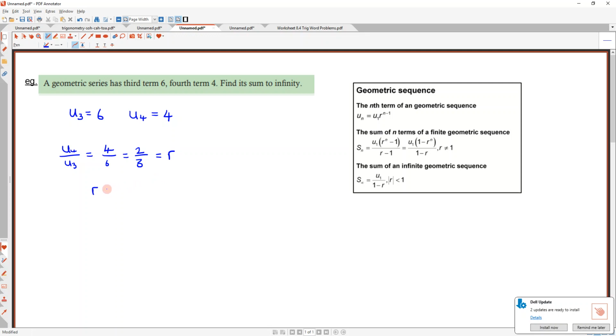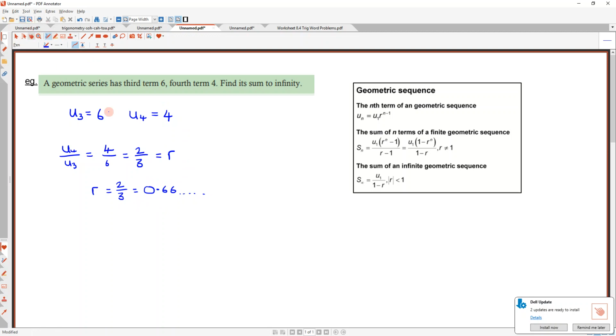2/3. How did you write it? You wrote it as 0.66 like this. No, you don't want to do that, okay? It's incorrect.